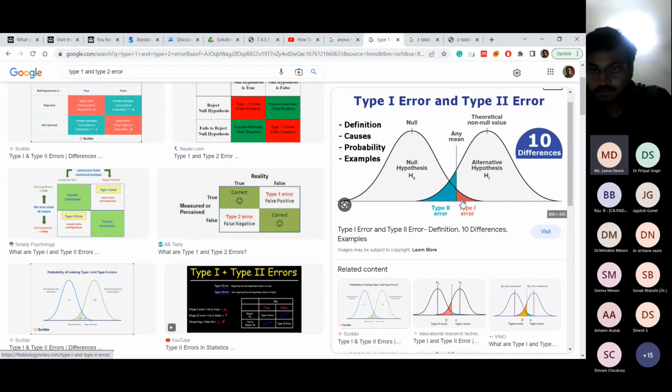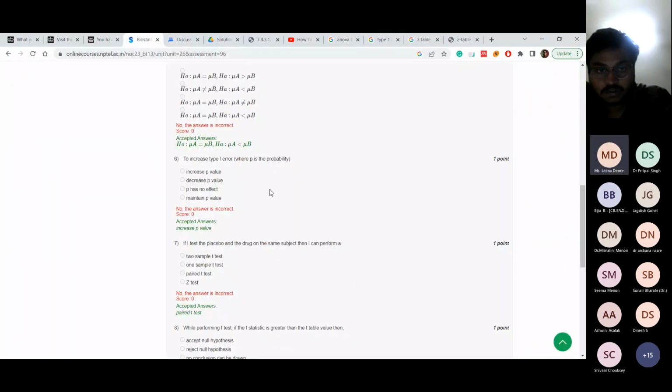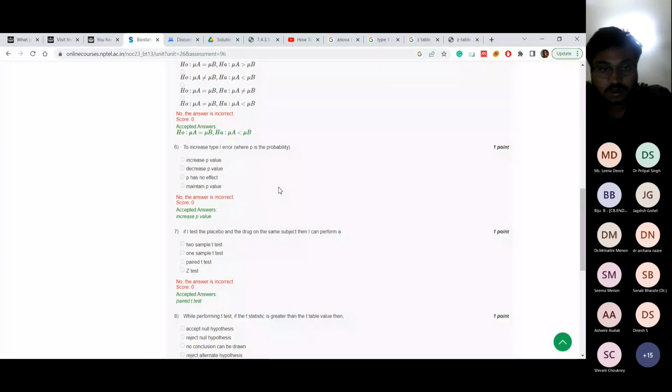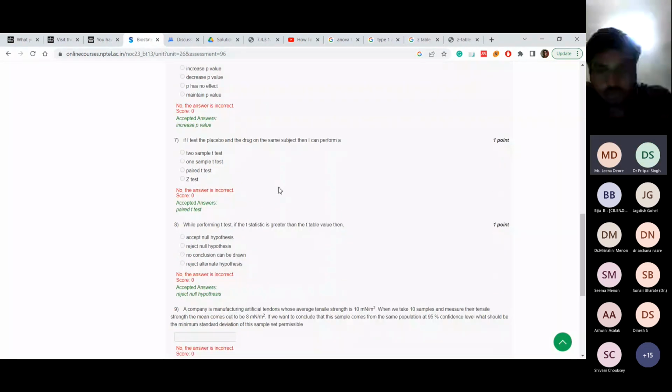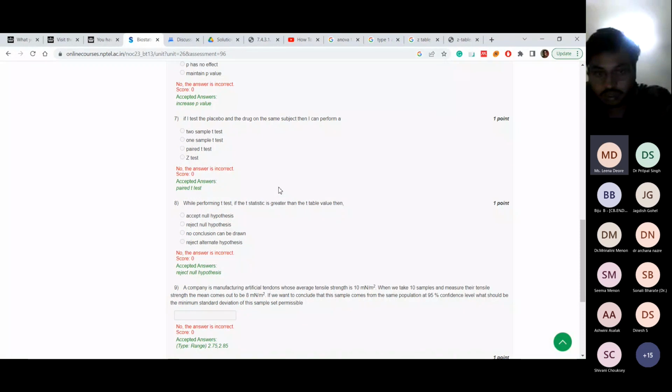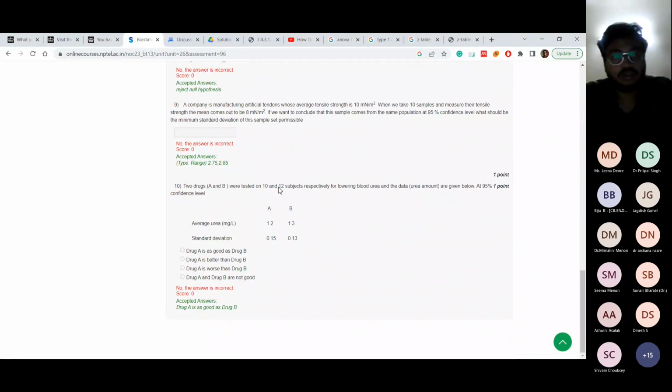Questions 9 and 10, assignment 2. Will you please explain? Okay. So question number 9: a company is manufacturing artificial tendons whose average tensile strength is 10 millinewton per meter square.